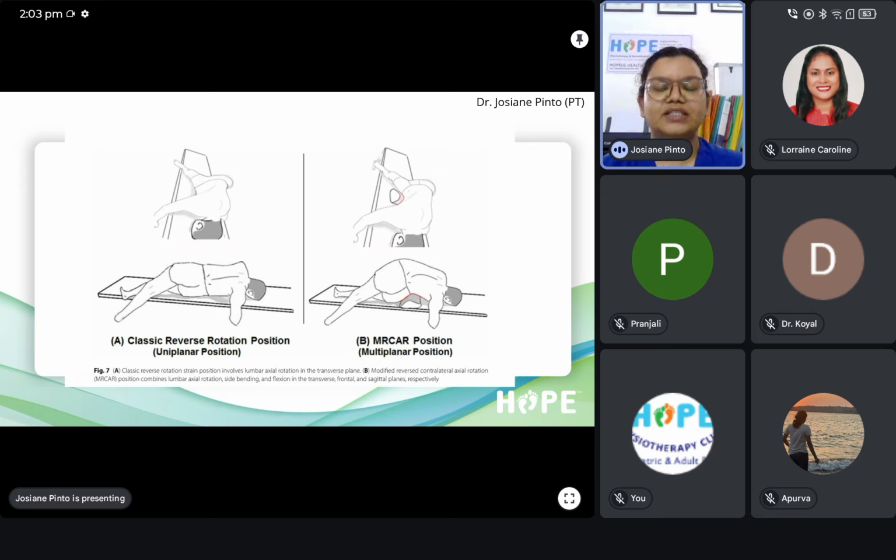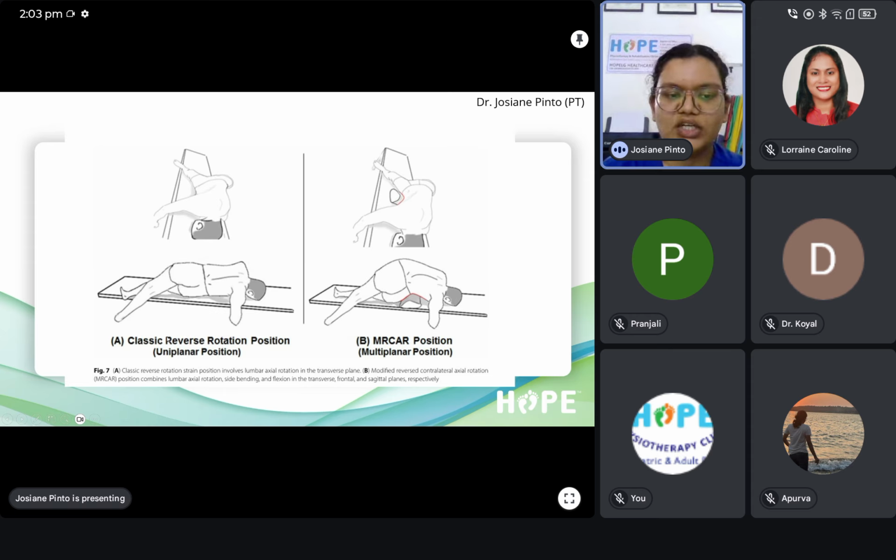So, as we saw initially in the evolution, it came down from first axial rotation, then they've added components. So first there was axial rotation, and then they added a degree of separation like a distraction, and then we had uniplanar and we have multiplanar.